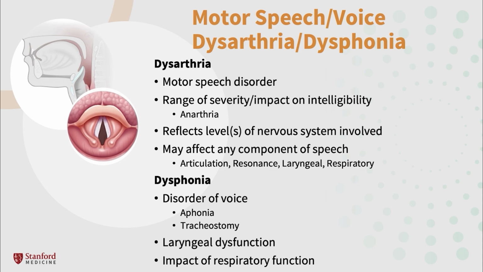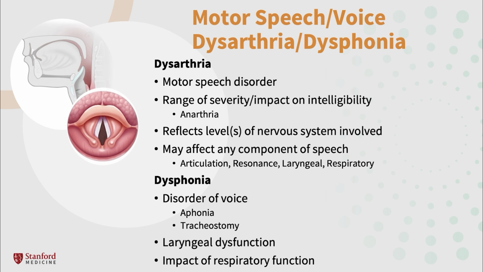So someone with Parkinson's has a different dysarthria than someone with MS versus somebody with ALS. When we talk about our neuromuscular conditions, most of these individuals will have a flaccid dysarthria, which reflects lower motor neuron dysfunction, or spastic, which refers to upper motor neuron dysfunction.